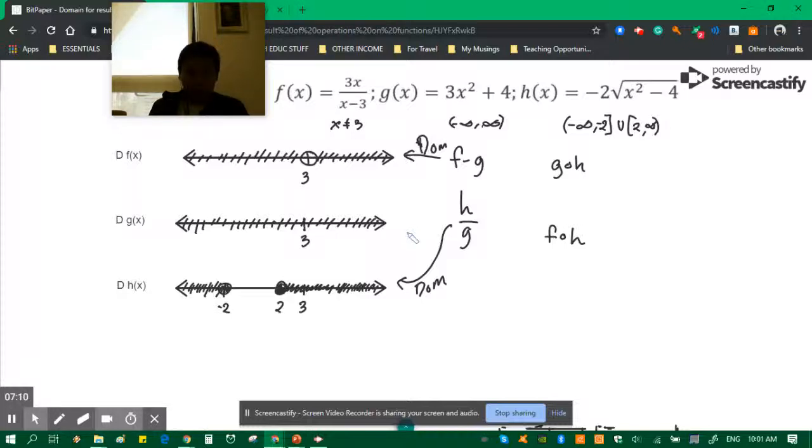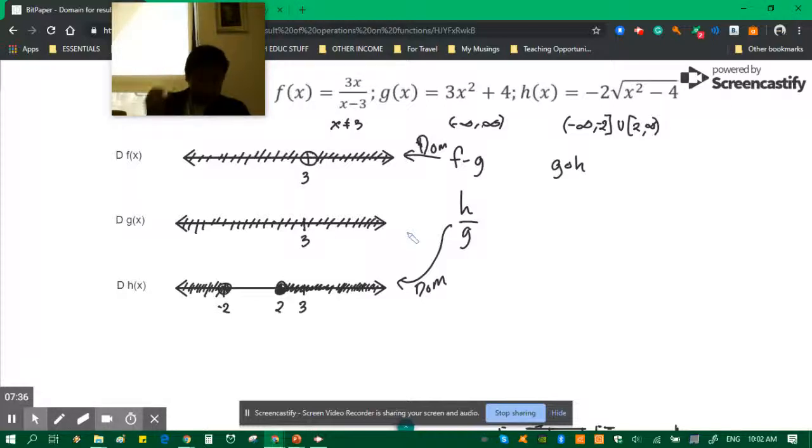Now let's look at f of h. Oh, g of h. Start with g of h. Now, then we know the restriction for h. We don't have a restriction for g.